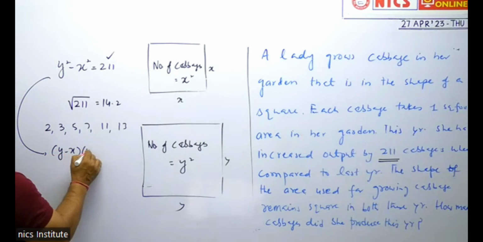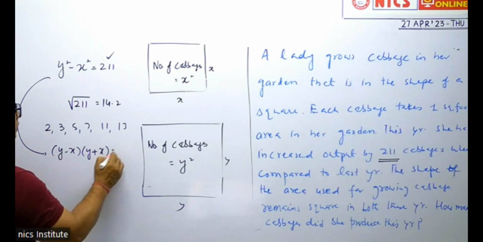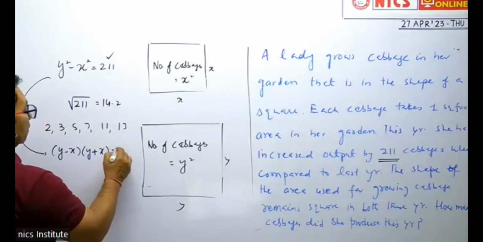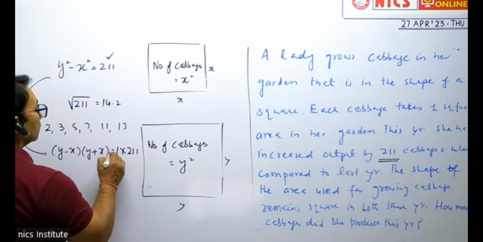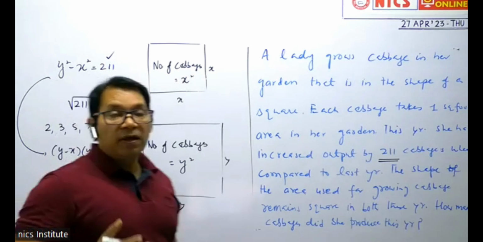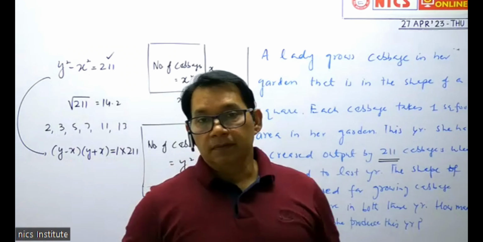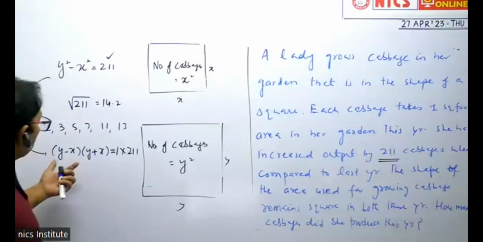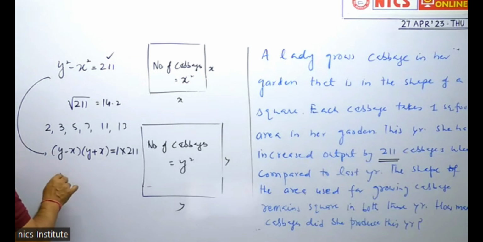Then I factorize this: y minus x, y plus x. Since 211 is a prime number, the only factorization would be 1 into 211. Both are integers. Therefore, y minus x should be the smaller number and y plus x the bigger number.